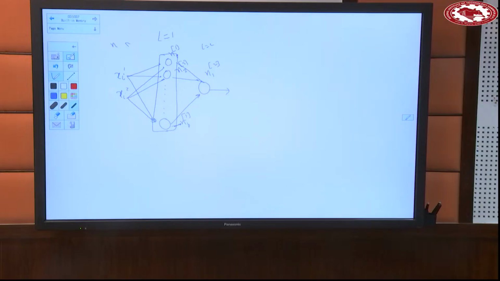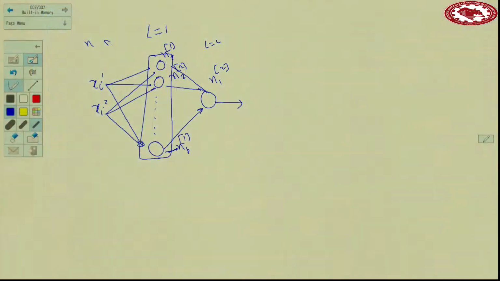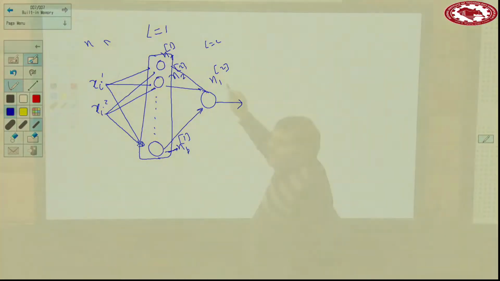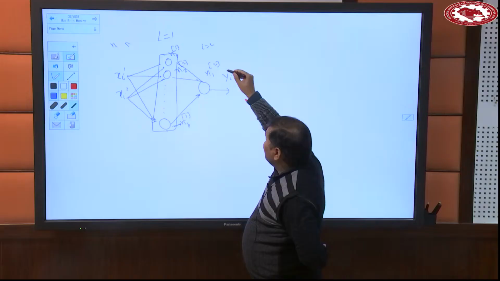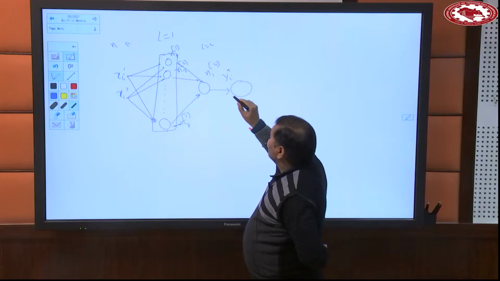This neuron can be represented as n1. Is it clear? And this is the output that you are getting here, let us call it yi cap. Then of course you have a loss module here.